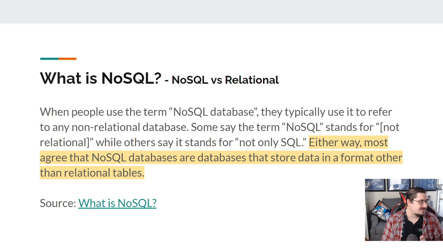The main three that exist out there are document stores, which is what MongoDB is. There's also key value pairs. The most common one that people use there is something called Redis. Redis is a key value pair database, and basically you can think about it as a dictionary or an object: you say here's the name of the key, and I'm going to put whatever value I want in there.